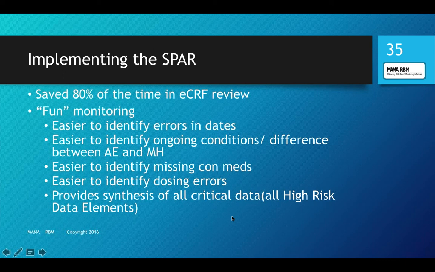So, of course, as in any tool and any good scientist, you want to run an experiment. So to help us understand the utility of the SPAR, Christine and I conducted an experiment comparing the SPAR tool to traditional source data review.